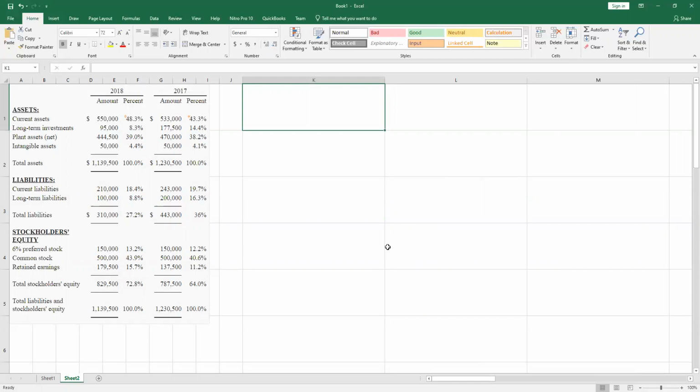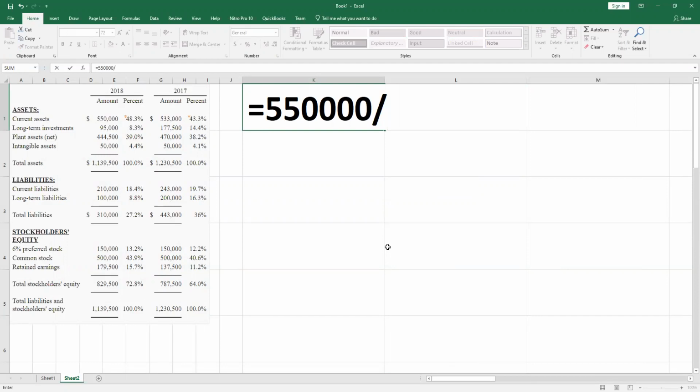Let me do it with you for the current assets. So again you will write down equal to, then you will write 550,000 divided by 1,139,500.